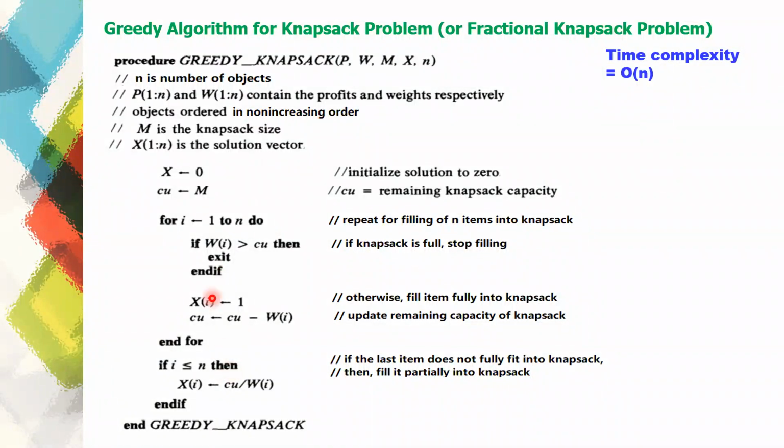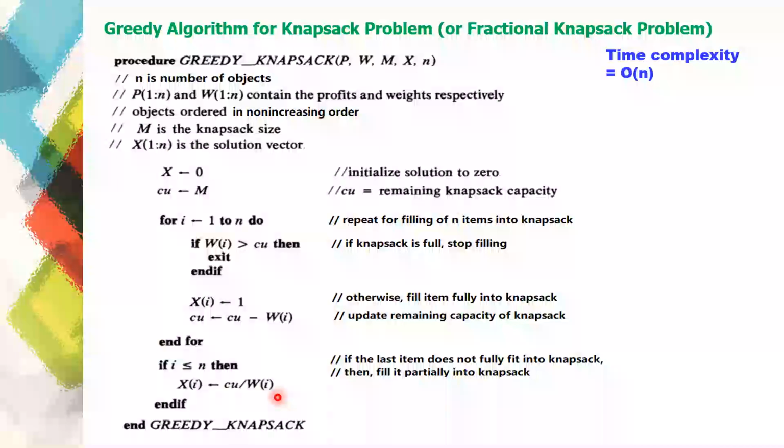That means the last item, you may fill it partially into the bag. Now, this is how you are going to partially fill an item into the bag. An ith object, partially filling is 20 divided by 22. Last example we have calculated 20 divided by 22. The remaining capacity of the bag divided by the total weight of the item, 20 divided by 22.